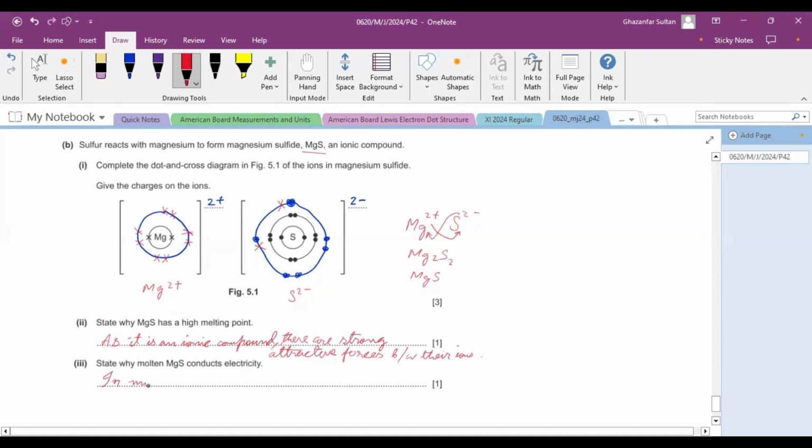So the answer is because in molten state, magnesium ions and sulfide ions are free to move.